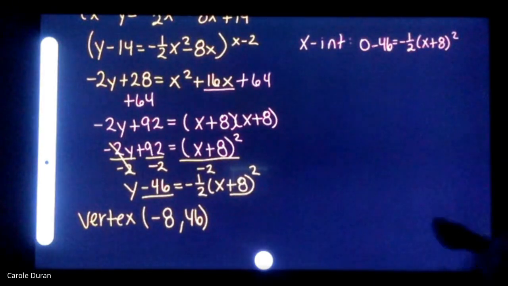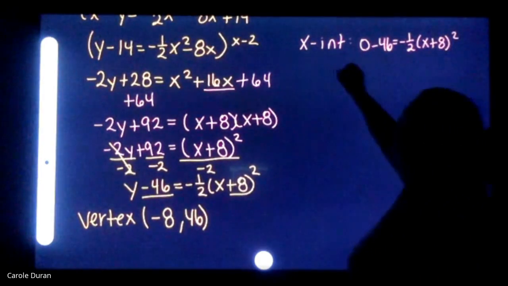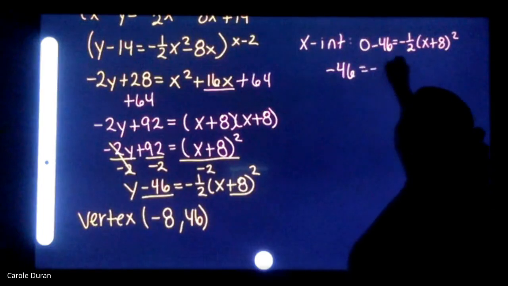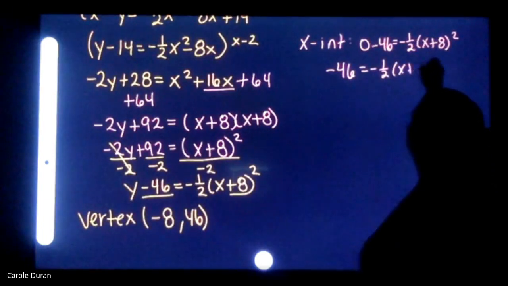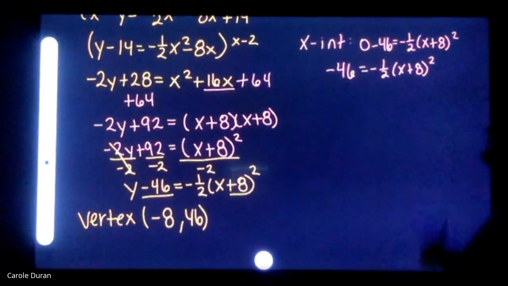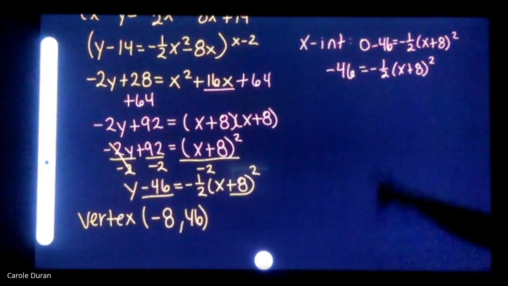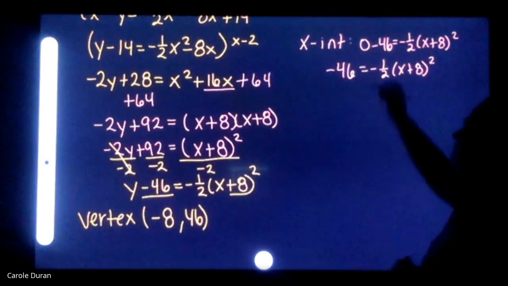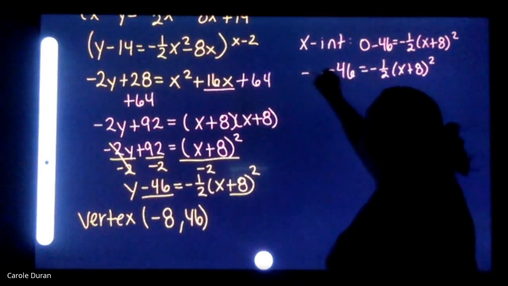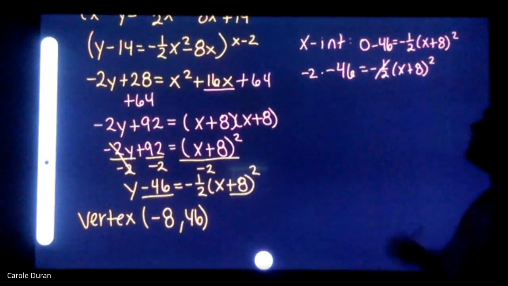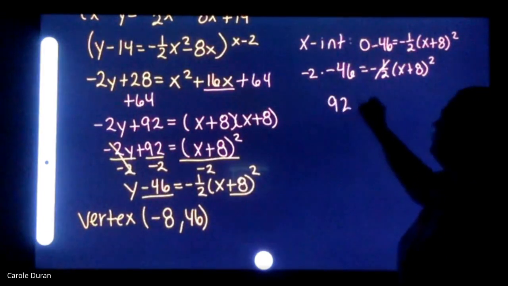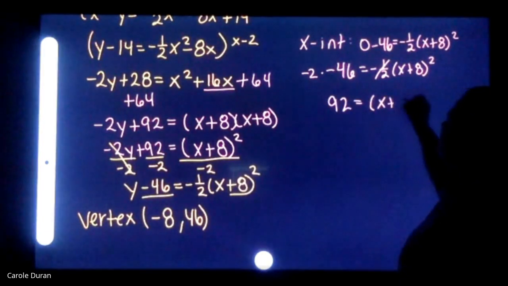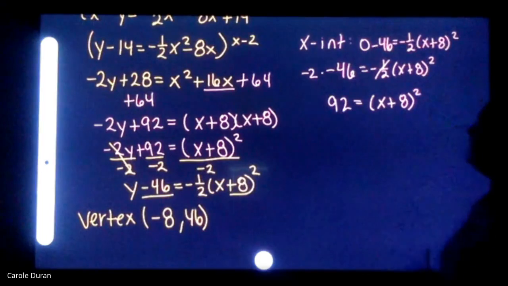The 0 minus 46 just means I have -46 on the left. I would like to solve for x, so I need to move this -1/2 to the other side. When I do, it's the same as multiplying by -2, which leaves me with a positive 92 equals the quantity (x plus 8) squared.